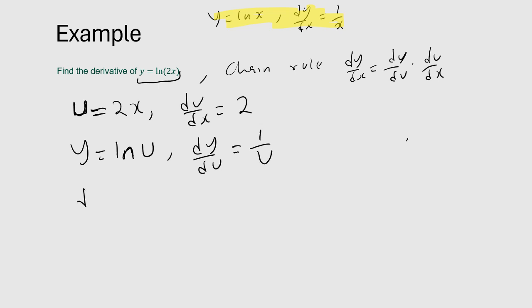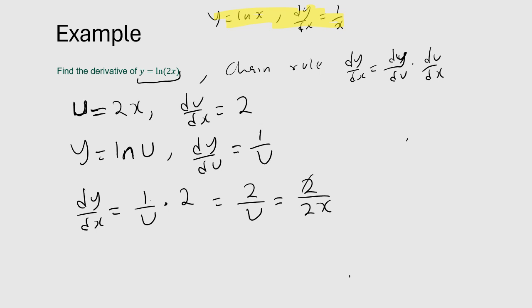Then we can now use our chain rule. dy over dx is equal to dy over du, which is 1 over u, times du over dx, which is 2. And 1 times 2 is 2 over u. And remember, what is our u? It is 2x. So 2 over 2x. 2 goes into this 2 one time, so we'll just have 1 over x.